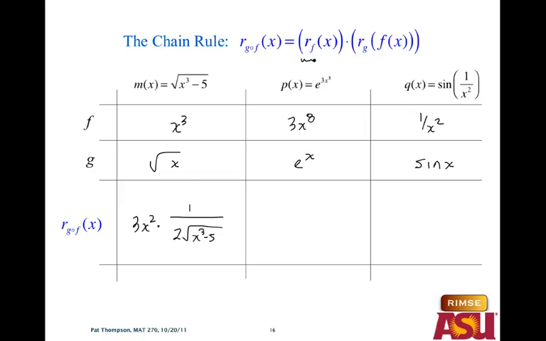So here's what we're doing. We're doing the rate of change of f times the rate of change of g with respect to f, meaning leave f as it is when you do the rate of change of g. And so the language we're going to be using is, we call f the interior function, and then g is the exterior function.